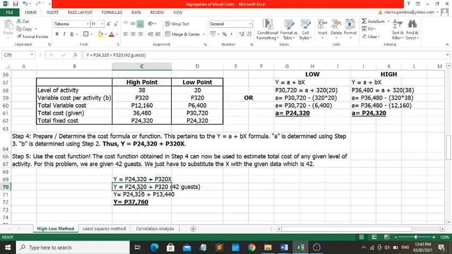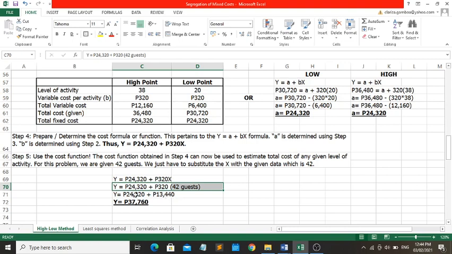So, Y equals 24,320 plus 320 pesos times yung x ay yung value ng guest admitted. So, ang sabi, 42 daw. If 42 guests yung i-admit nila, magkano ang magiging total cost? So, i-substitute mo yung value ng x by 42 guests.